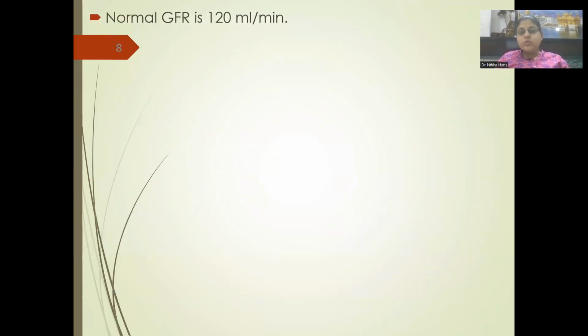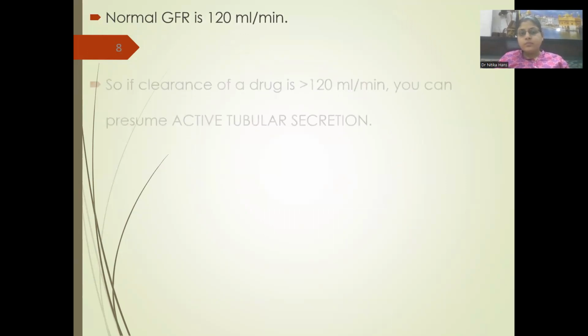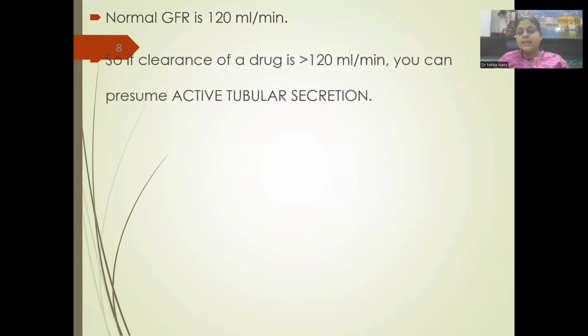So next, normal GFR is 120 milliliter per minute. Now they say if the clearance, that is how much drug is excreted out of the body per minute, per unit time, is more than 120, it means the tubular secretion is also present.